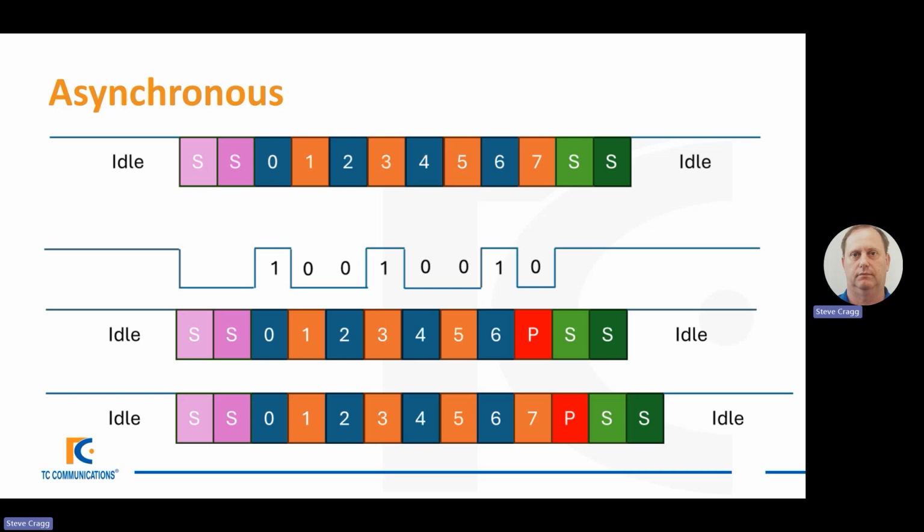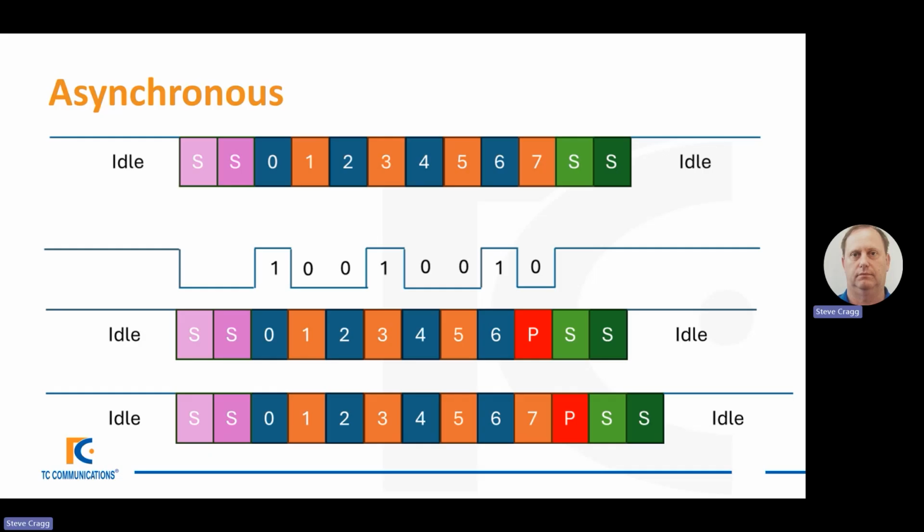That's an odd number. I am going to set the parity to a 1 to say that there's an odd number of ones. If I then receive 8 bits of data and it has an even number of ones, in other words, a 0 that should be a 0 was actually received as a 1 or vice versa, then I can see that there is an error. I can't correct it because I don't know where that's happened.